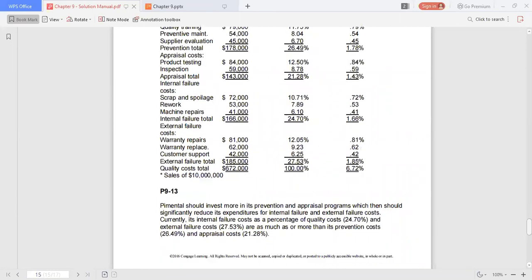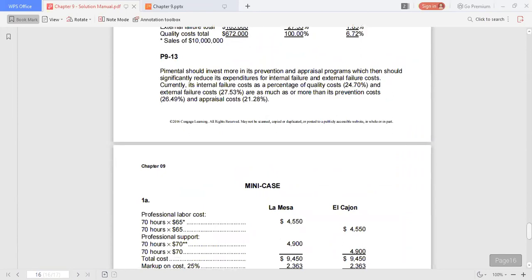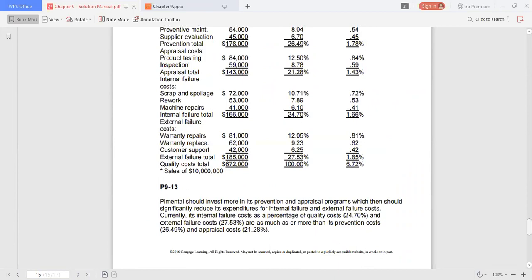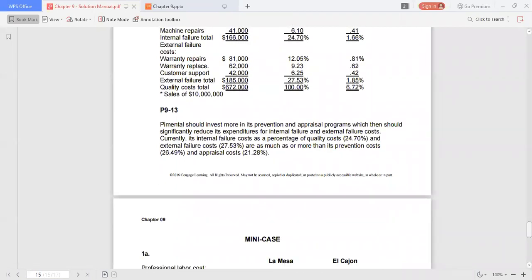Now we go to the last problem, 9-13, analyzing cost quality based on the cost quality report prepared in 9-12 above. Offer suggestions to Pimental Manufacturing Incorporated as to how it might improve its quality program. So Pimental should invest more in its prevention and appraisal programs, which then should significantly reduce its expenditures for internal failure and external failure costs.